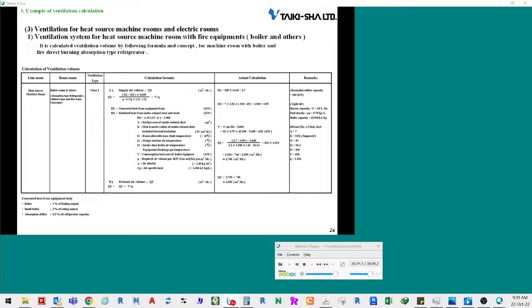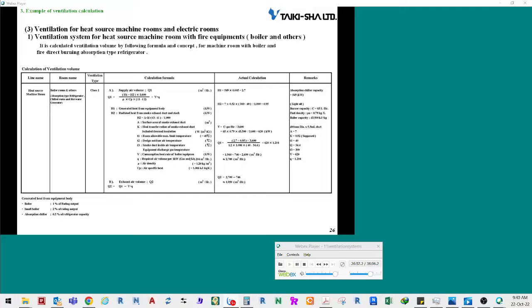If there are other objects which generated heat in the machine room, those calorific values are also added. Using calculated calorific values for the machine room, calculate the ventilation air quantity so that the temperature to be generated is below the allowable maximum temperature.